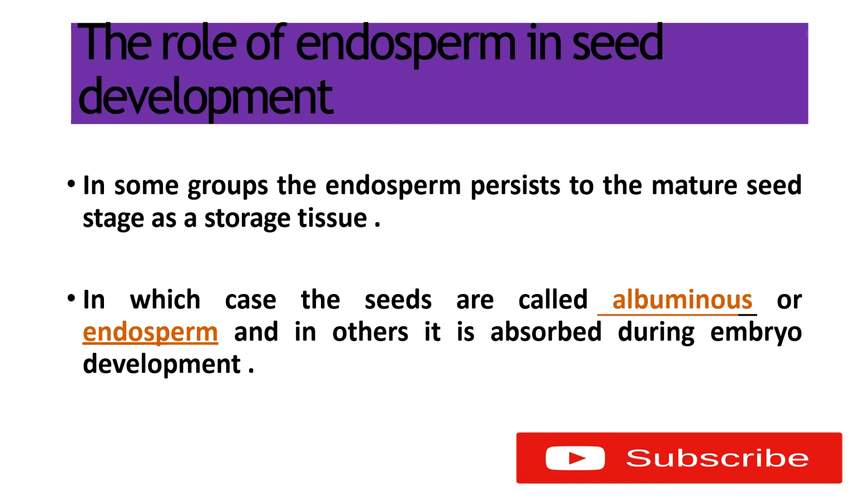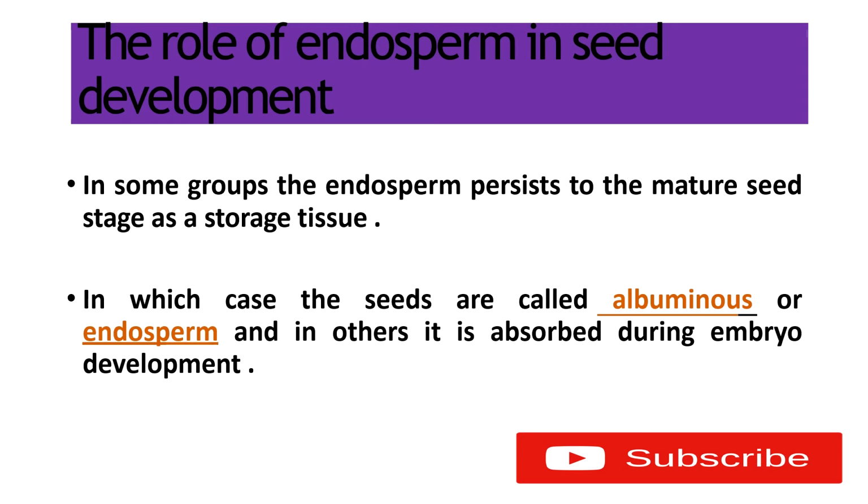So what is the role of this endosperm in the seed development? In some groups, the endosperm persists to the mature seed stage as a storage tissue. Such seeds are called albuminous seeds.